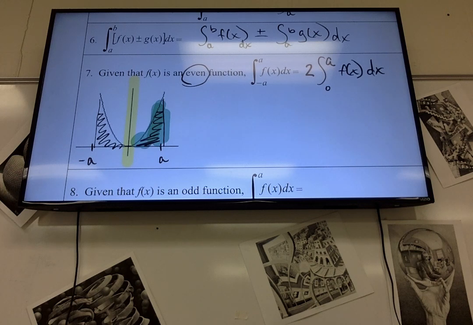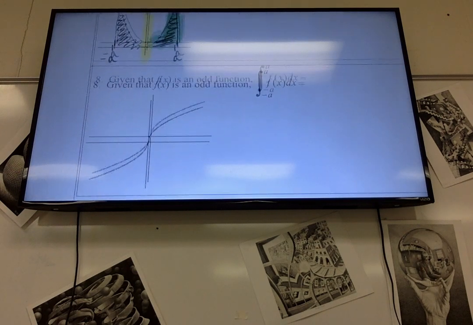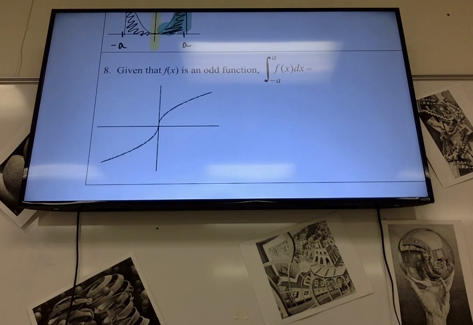If it's an odd function, that means it's symmetric about the origin, which means whatever is here would be flipped across the x and across the y on the other side.